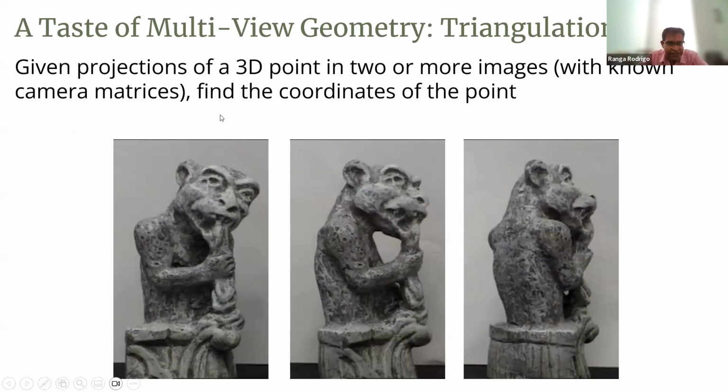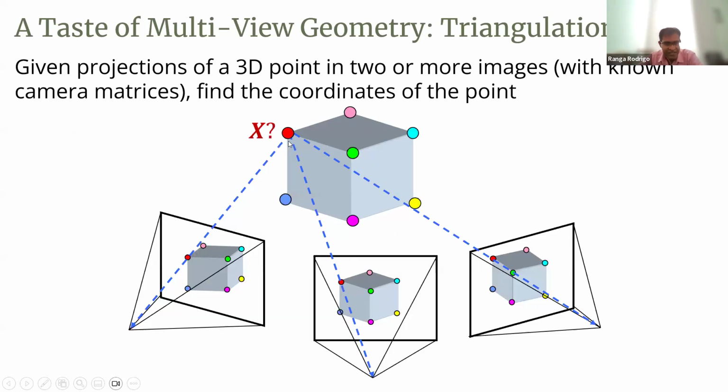Now, first, given projections of 3D points in two or more images, like that, we know the exact point in all these images, the same point, same point, same point. With known camera matrices, find the coordinates of that point. That is called triangulation. So again, in another picture, you can see this same coordinate we have detected in the other images also.